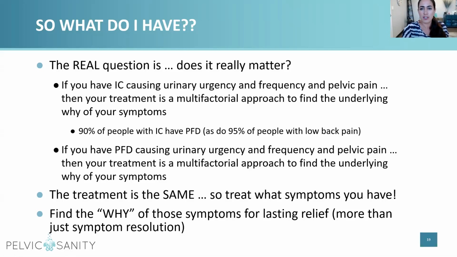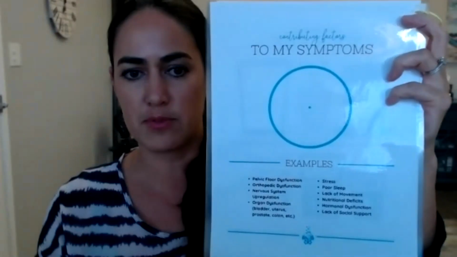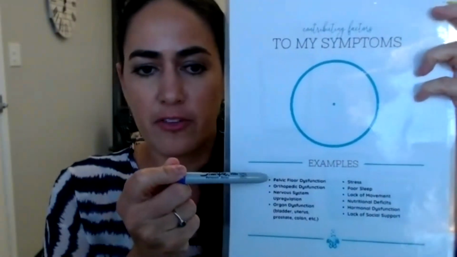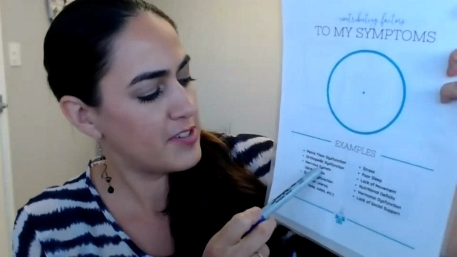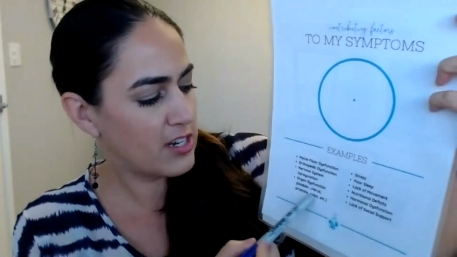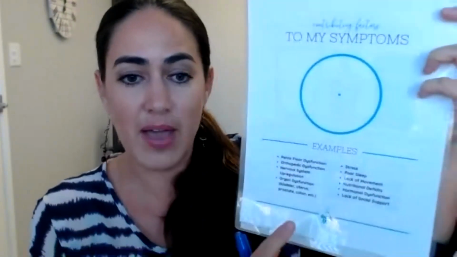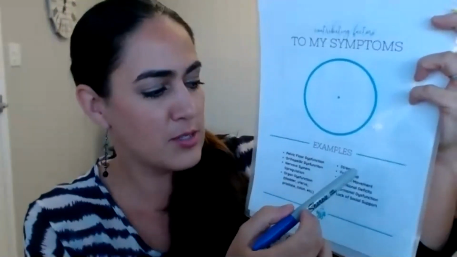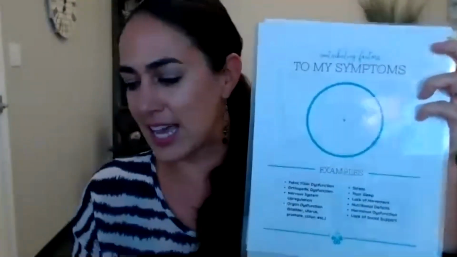I want you to start to think about these contributing factors to my symptoms. You have pelvic floor dysfunction, you have orthopedic dysfunction, you have nervous system upregulation or stress, organ dysfunction, either with your bladder, your uterus, your prostate, or your colon, right? Any bowel dysfunction, anything like that, stress, poor sleep, lack of movement, nutritional deficits, bladder irritants, anything like that.